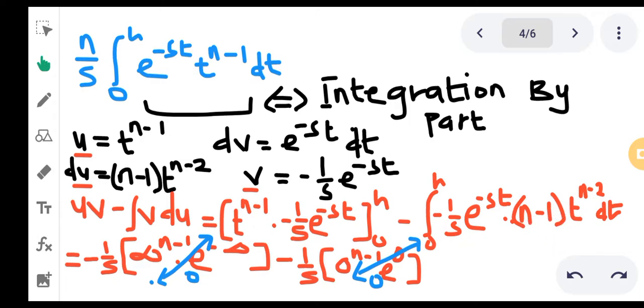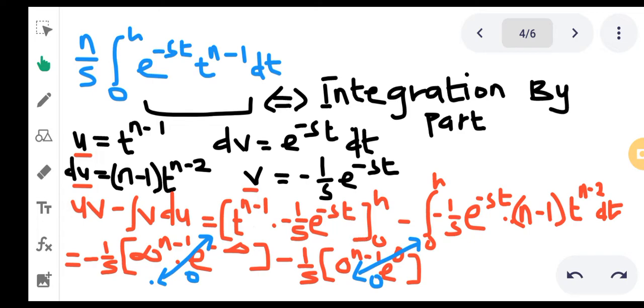The same thing: I make a substitution as h approaches infinity. The minus 1 over s can come out of the equation, leaving t exponent n minus 1 e exponent minus st. Just make a substitution for the t, not s.